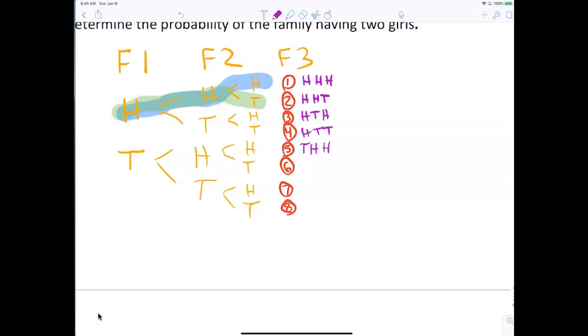Tell me. THT. Seventh branch. Oh wait, no. TH. Yes. And the last branch. Tell me. Yeah, TTT. Now again, believe it or not, I can rattle those off so fast.